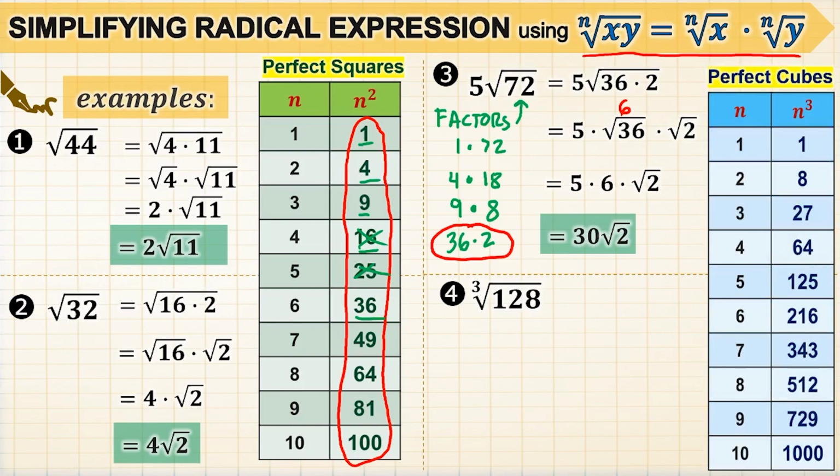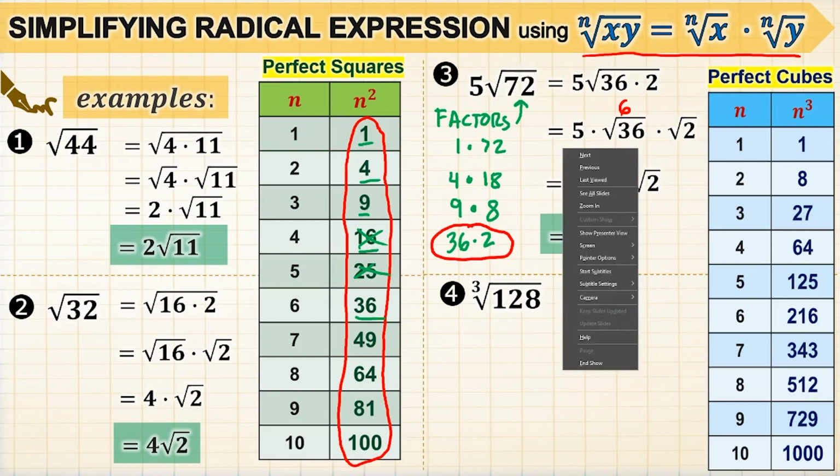Ngayon, 128 is not a perfect cube. Kung mapapansin nyo, ang pinakamalapit na perfect cube sa kanya ay 125, although hindi siya perfect cube. That means we can still simplify cube root of 128 by identifying first the factors of 128. Once again, hindi na tayo gagamit ng table ng perfect square dahil cube root na yung tanong.